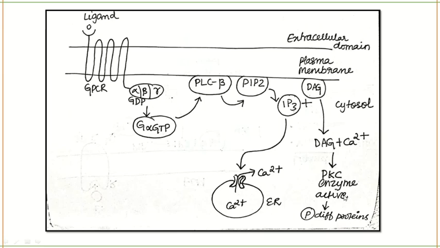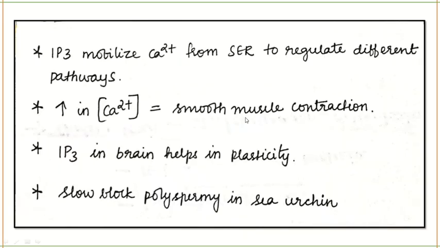So in the G protein coupled receptor cyclic AMP pathway, we saw that there is activation of protein kinase A. In the phospholipase C pathway or IP3 DAG pathway, it is protein kinase C that is activated.